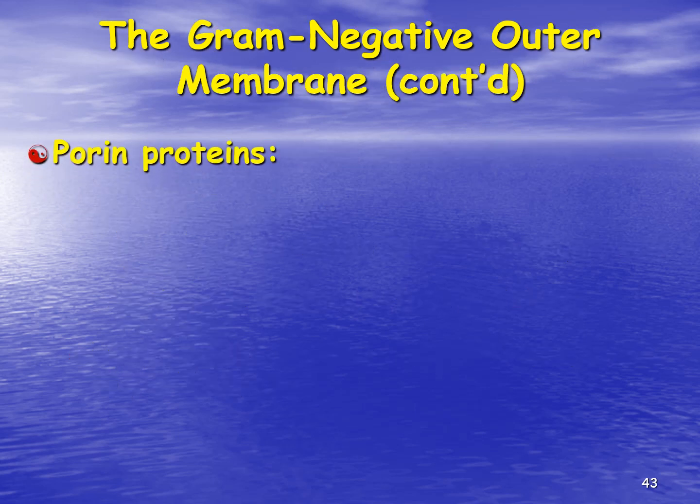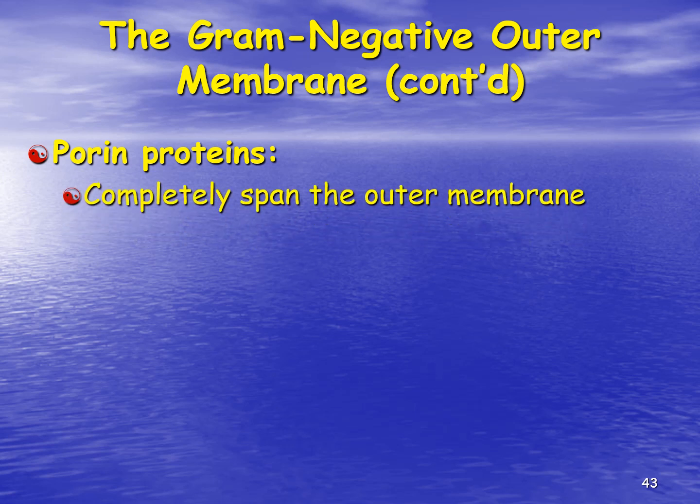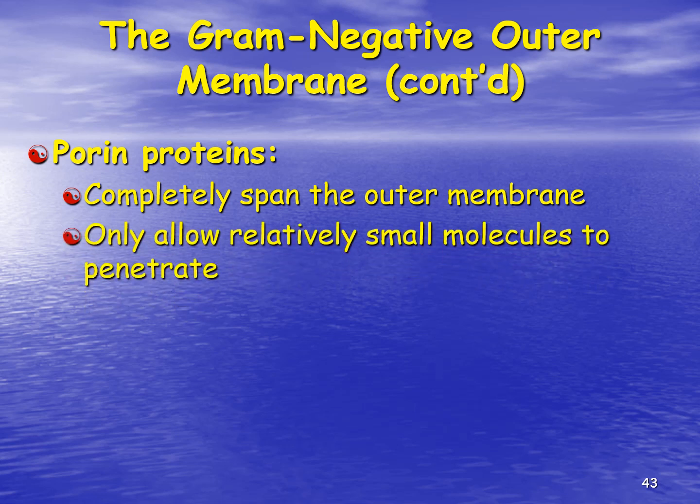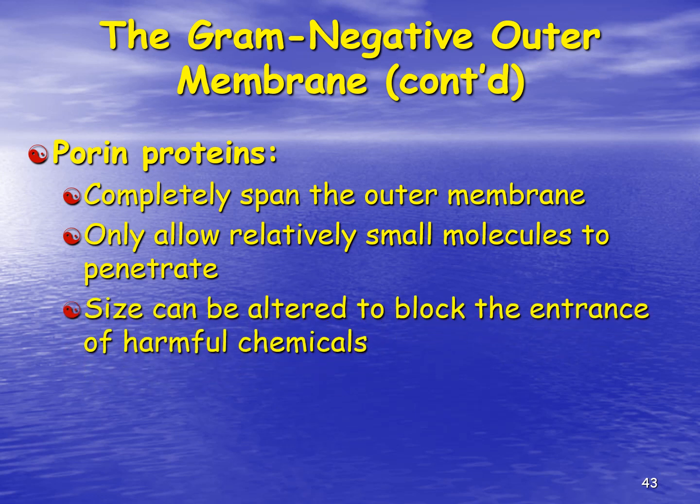We also will see that there are a number of porin proteins within the outer membrane of gram-negatives, and these are simply transport proteins that will span the outer membrane, but it only allows relatively small molecules to penetrate. Typically, these are not very specific, and so as long as you're small enough, you can get through these.